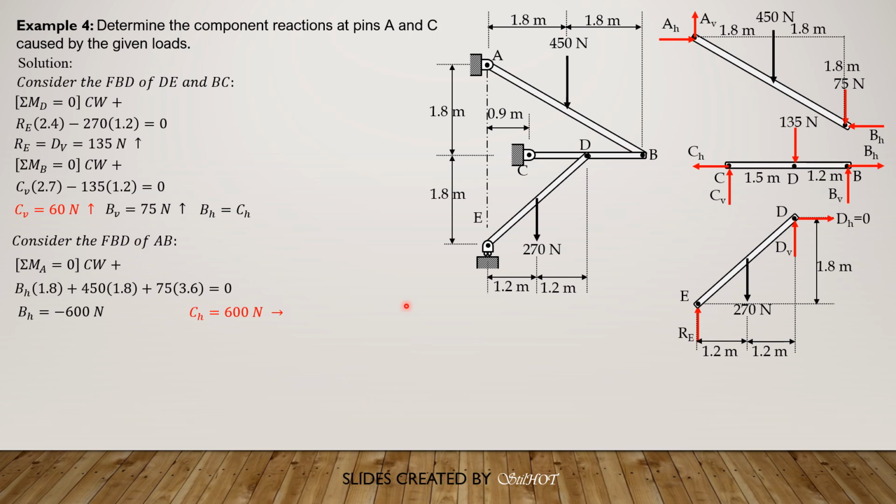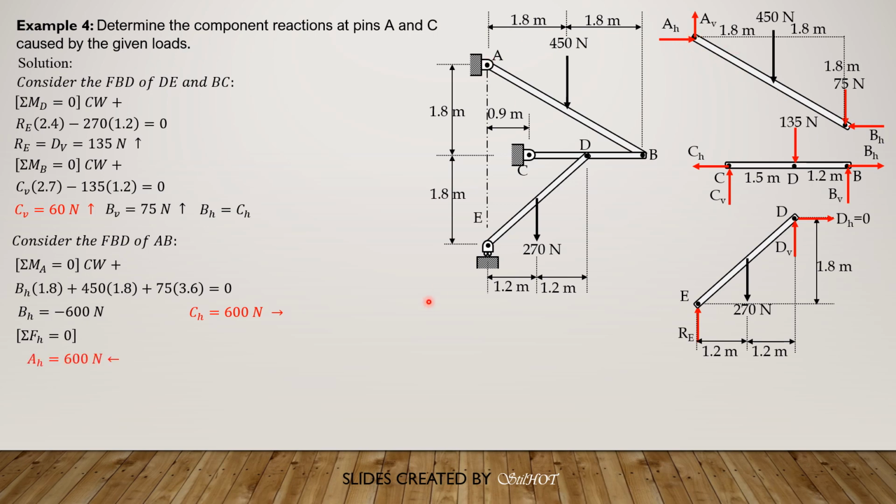Then at A, you may have summation forces horizontal and summation forces vertical. So summation forces horizontal equals 0. So A_H equals B_H, and since B_H is negative 600, then A_H also is negative 600 rightward in this member, but the final answer is leftward.